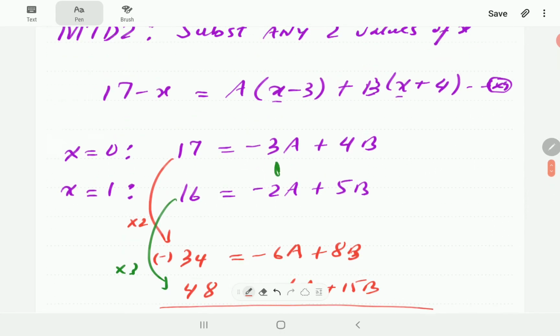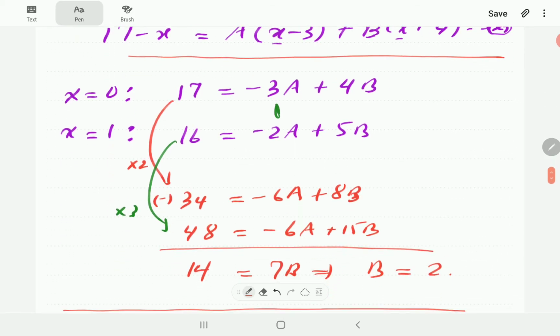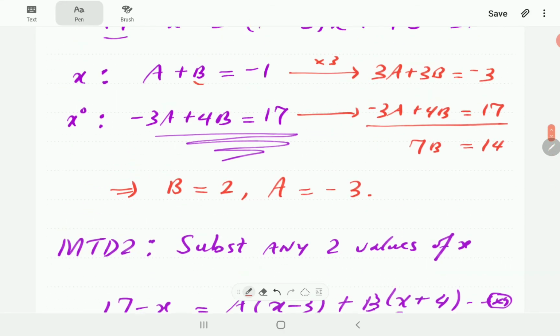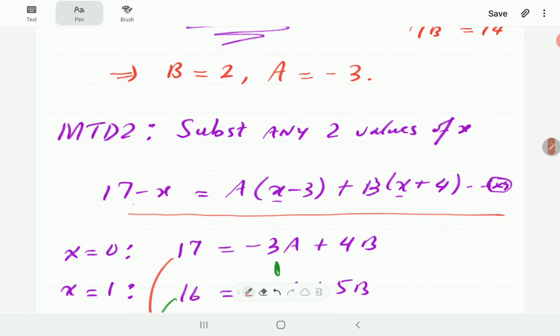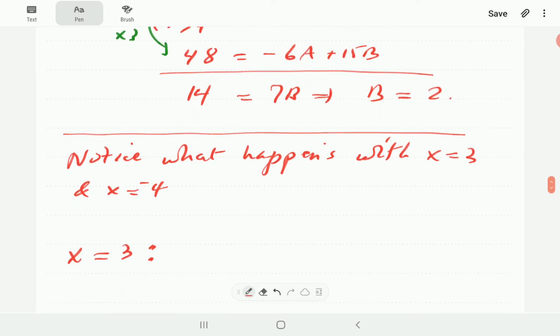So we're plugging those ones here. Okay, so let's start with x equals to 3, for instance. So when x equals to 3, the left hand side is going to be 17 minus 3. 17 minus 3 is 14, so it's going to be 14 there.